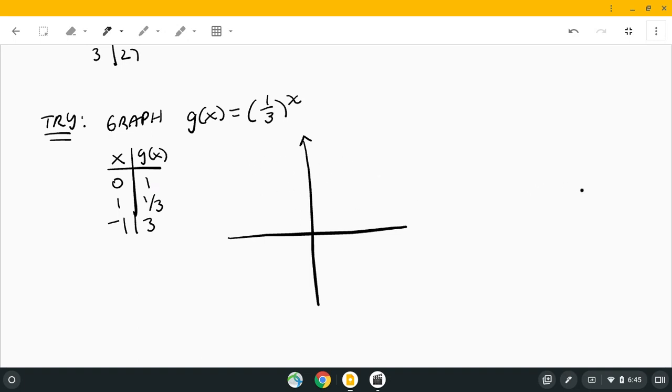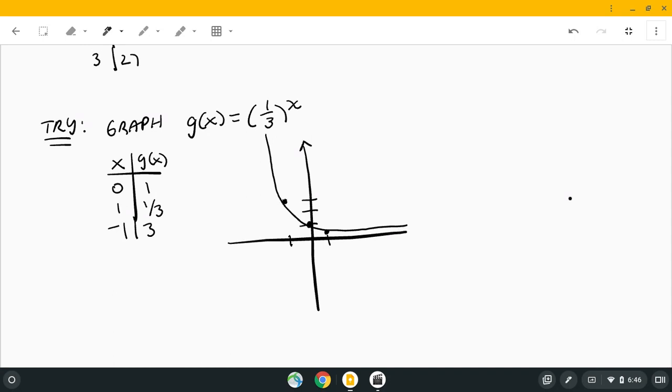So I have a point at 0, 1, then 1, 1/3, then -1, 3. It looks very similar to the other one, except it's kind of going in the other direction.